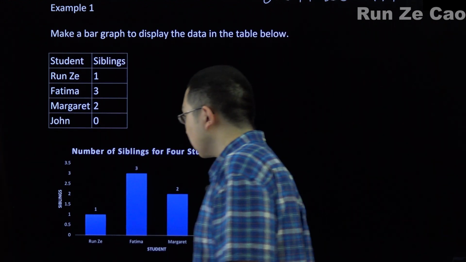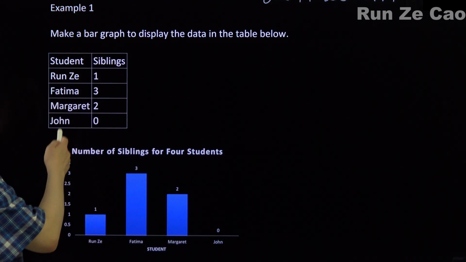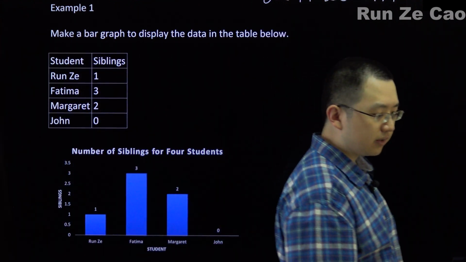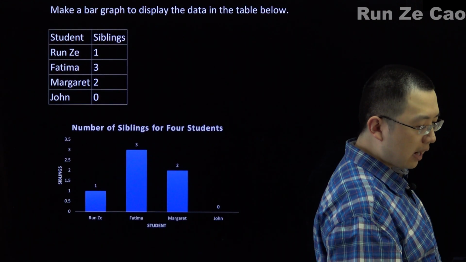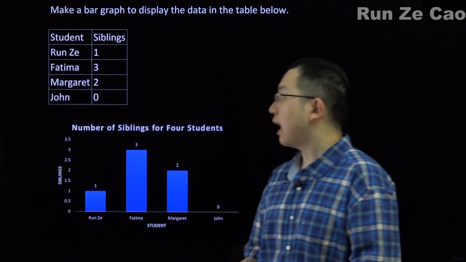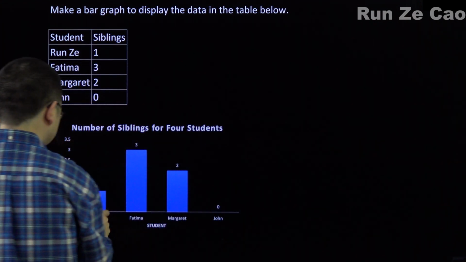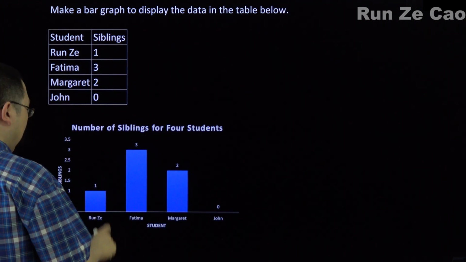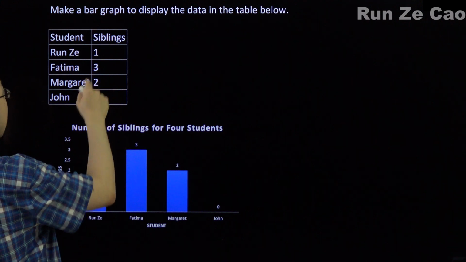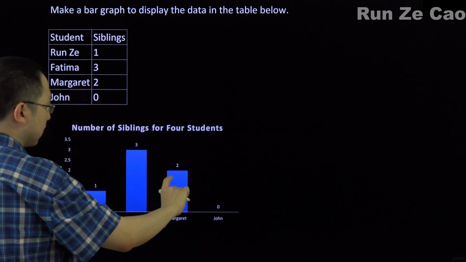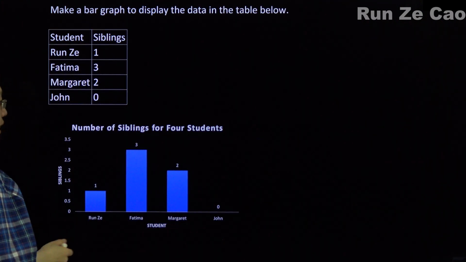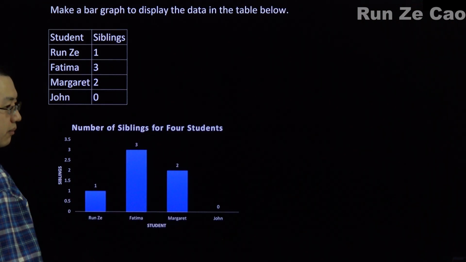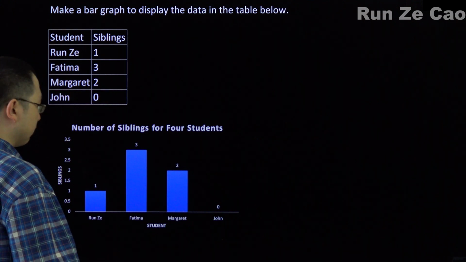the difference in quantities. For example, this data in this table with a few students and their number of siblings, if you make a bar graph, what you do is have these different categories be different bars, and the length of the bars indicates the quantity associated with that category. In this case, we also labeled the number on top of the bar, but this is not required.